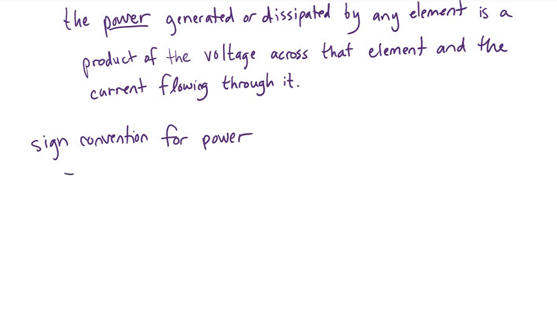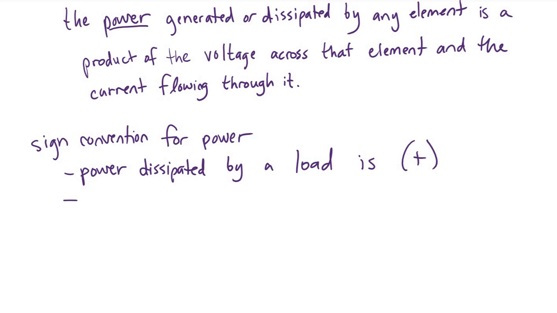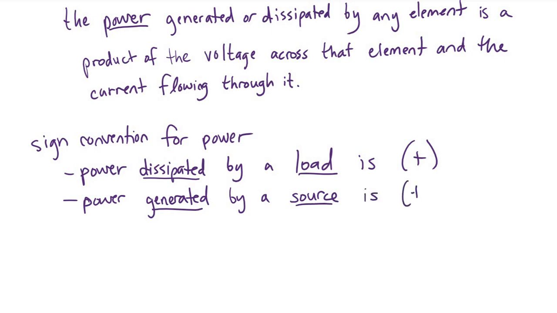So the power dissipated by a load is considered positive, and the power generated by a source is considered positive. So both of those things are considered positive.